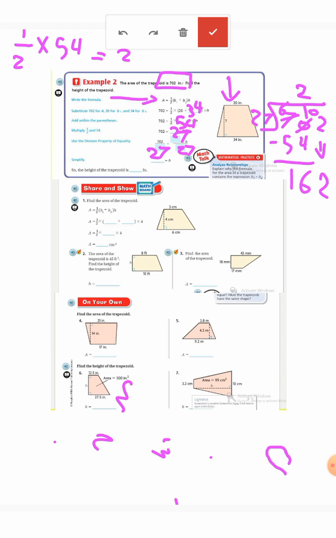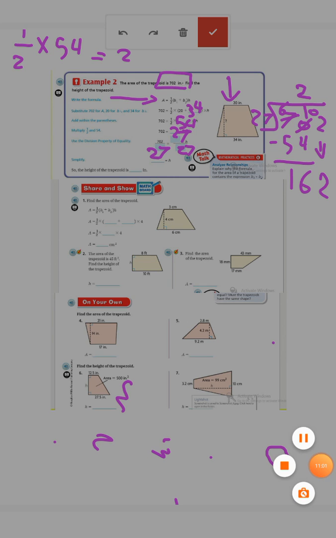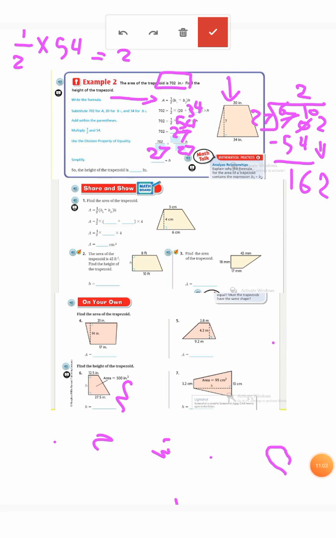162 divide 27, we are going to try 7. 7, it cannot, because it gives me a big number.